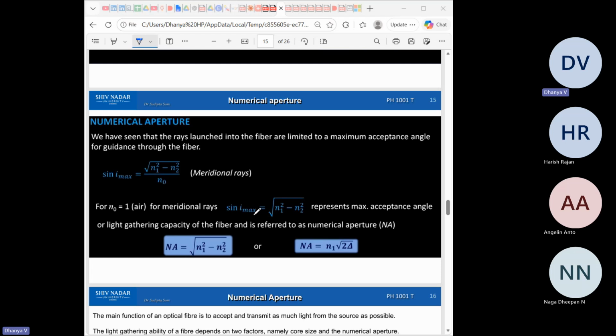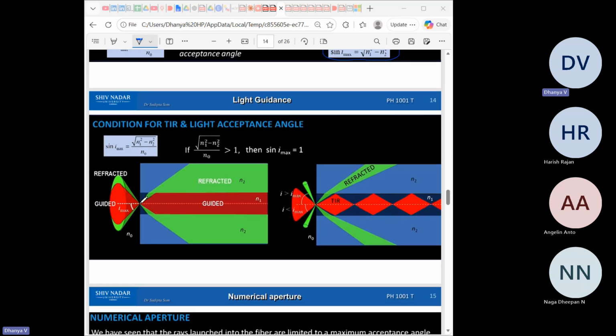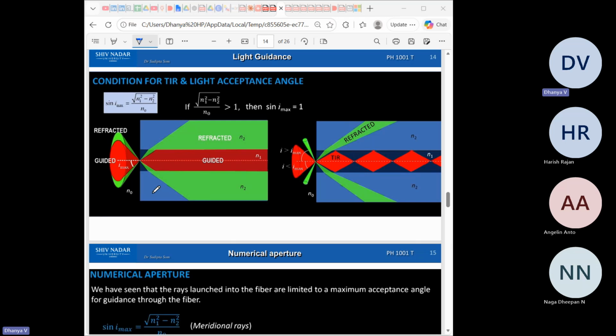Now numerical aperture. What is numerical aperture? We've seen that the rays launched into fibers are limited to a maximum acceptance angle for guidance through the fiber. So if you see the incident ray that gets in, there is a maximum acceptance angle, incidence angle, for this fiber.